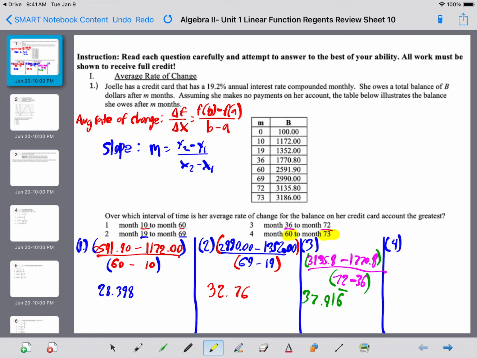And then lastly, for 4, month 60 to 73, difference in outputs over difference in inputs.